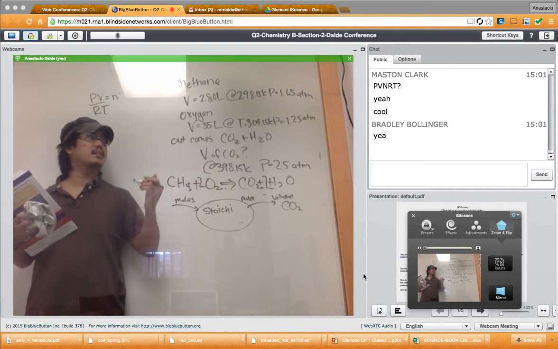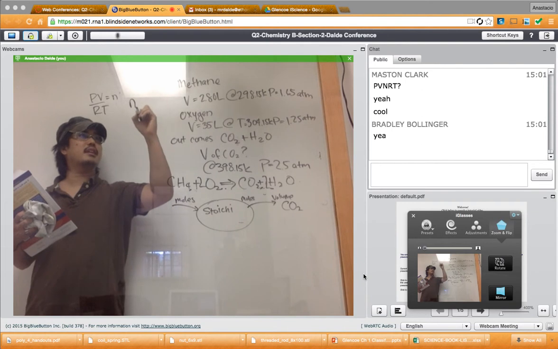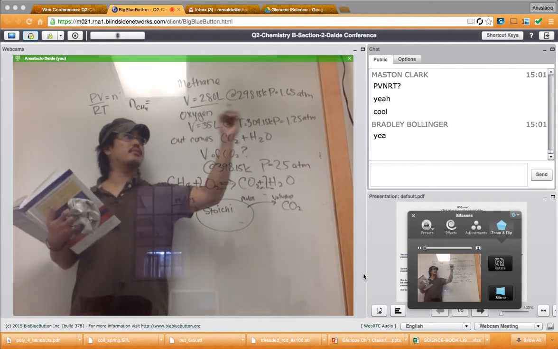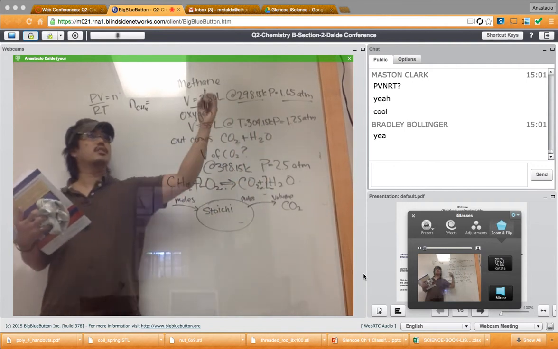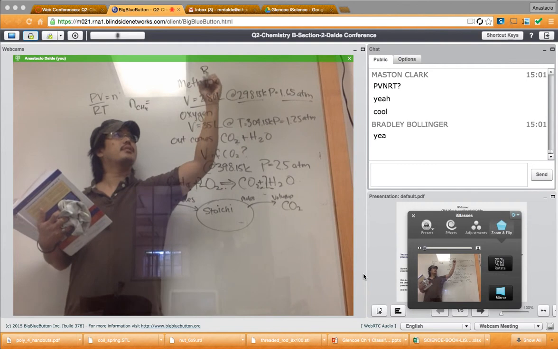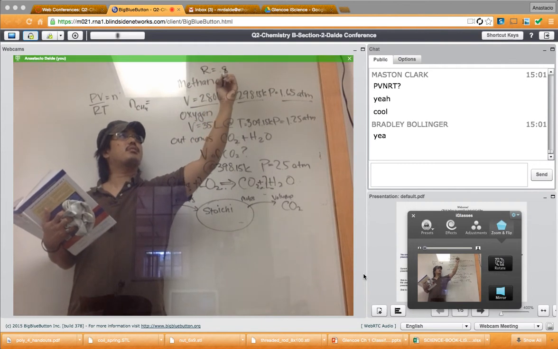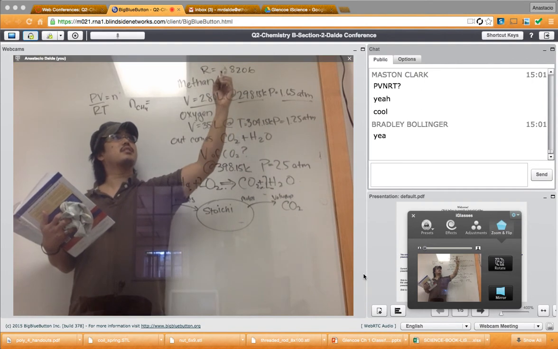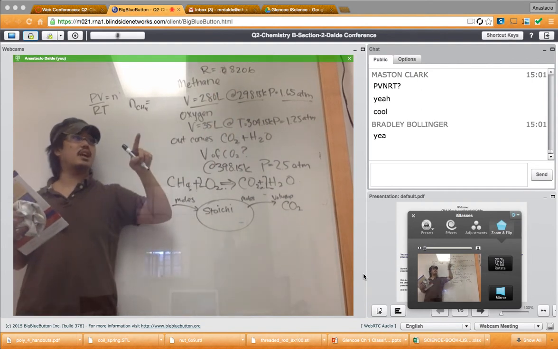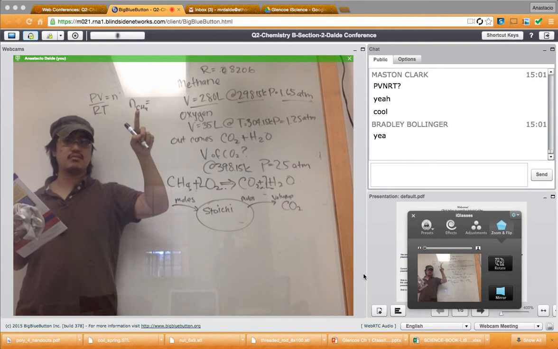Maston, can you figure out n of methane? Use this volume, this temperature, and this pressure, and also use R is equal to 0.08206. This is not hard. This is actually the homework you just finished.